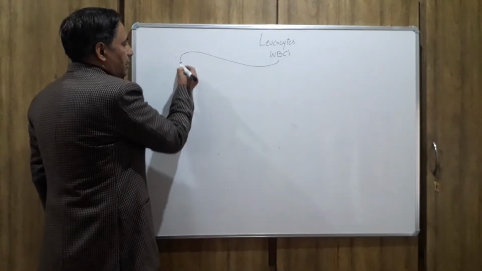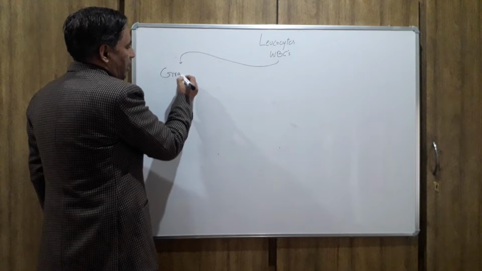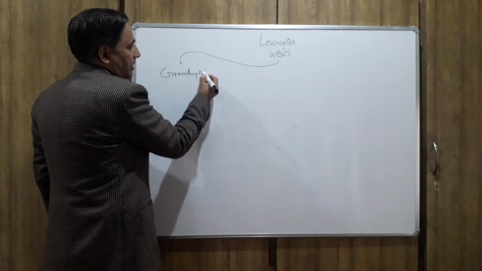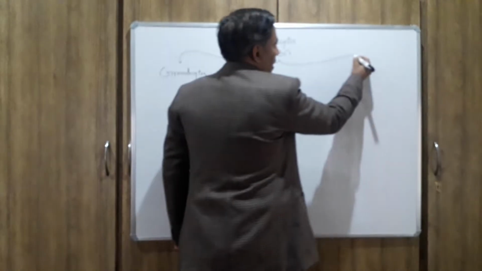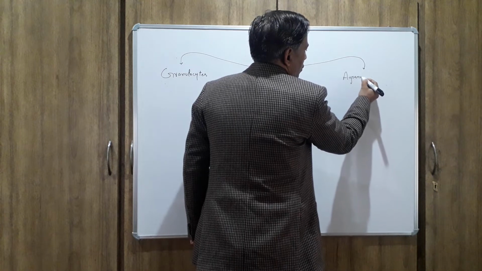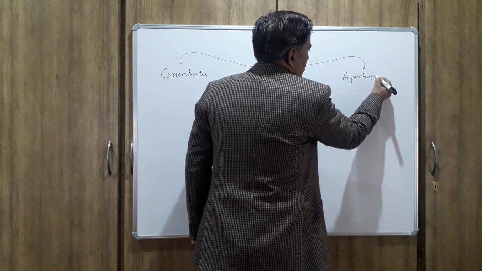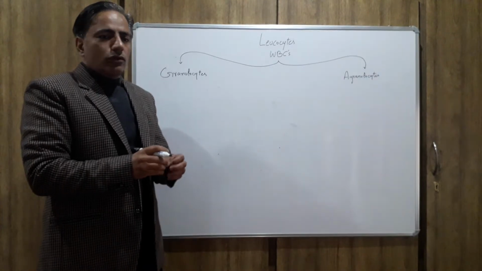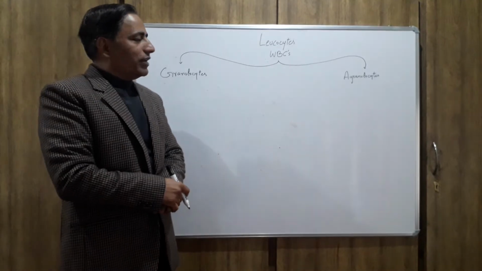Number one is the granulocytes, and number two is the agranulocytes. You should remember that leukocytes do not have any color because they do not contain hemoglobin, as we have seen in the case of RBCs or red blood cells.